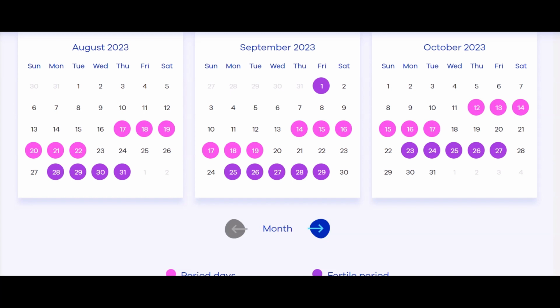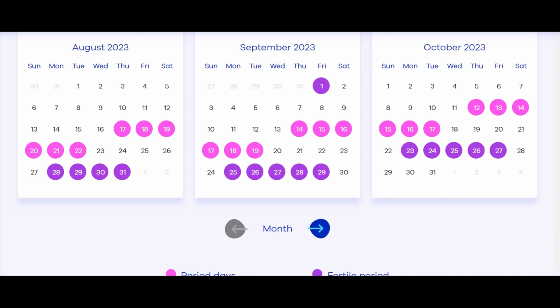Now let's interpret this properly. If the woman has intercourse within this range of days, that is from the 28th of August to the 1st of September, she is likely to get pregnant.